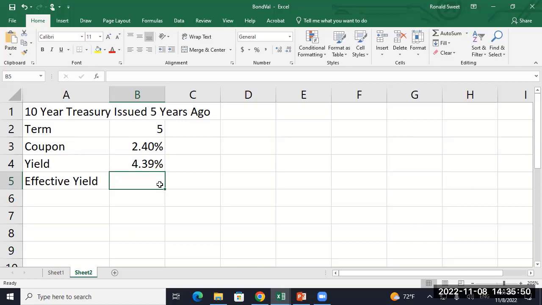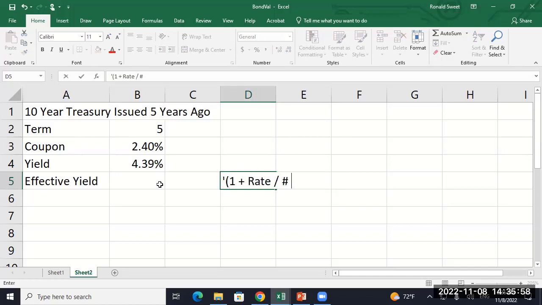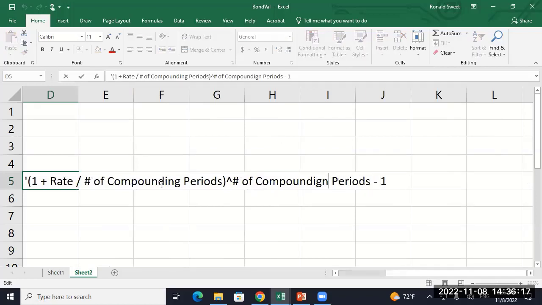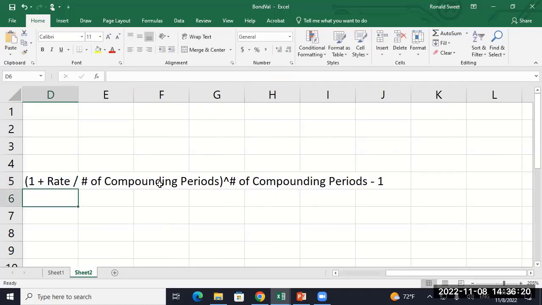If it's monthly, you do 1 plus the rate divided by the number of compounding periods, raised to the number of compounding periods, minus 1. So if you're doing a bank CD, 12 months, you take the rate divided by 12, raise it to 12, minus 1. But corporate bonds and treasuries pay twice a year.